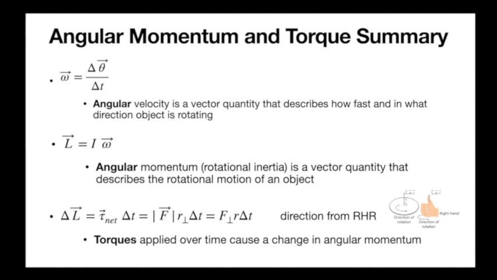So torques cause a change in angular momentum, and just like with linear momenta, you can apply a force that speeds something up or slows it down, but you can also turn it. You can change the velocity of something without changing the speed by just changing the direction. We don't see that as much in this because it gets really difficult to think about spatially, but you still can change the direction of angular velocity without changing its angular speed.